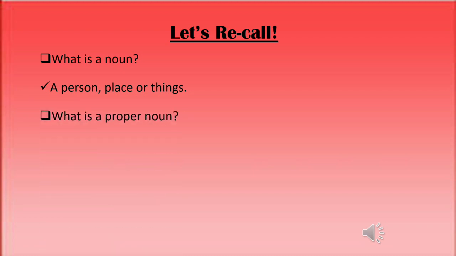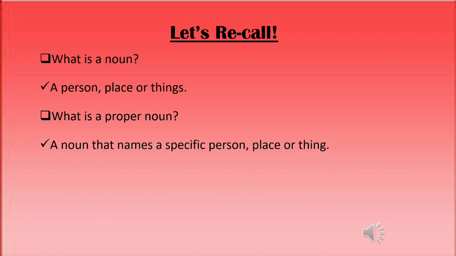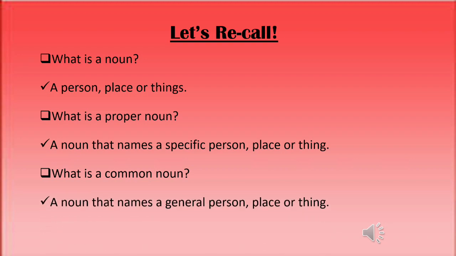And what is a proper noun? A proper noun is a noun that names a specific person, place or thing. What is common noun? A common noun is a noun that names a general person, place or thing.